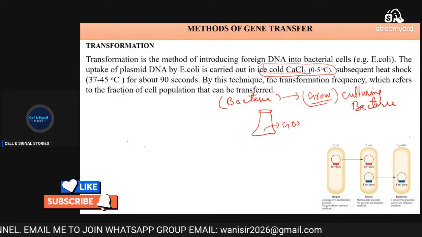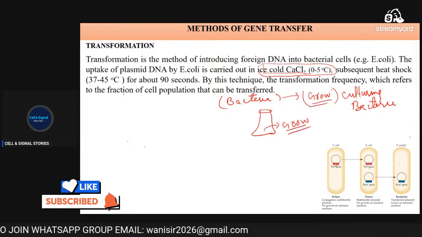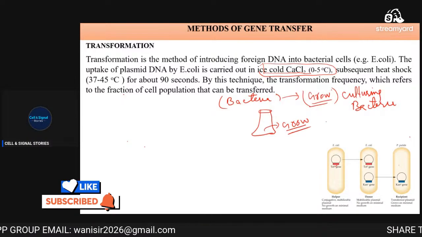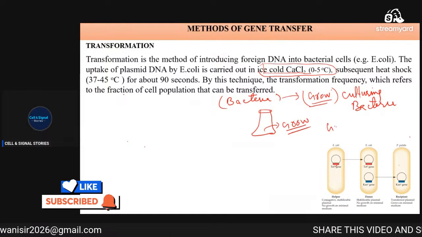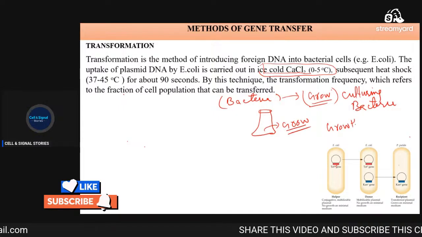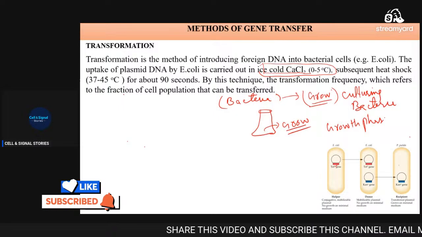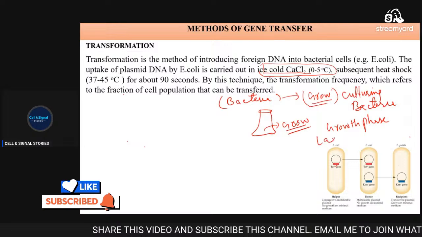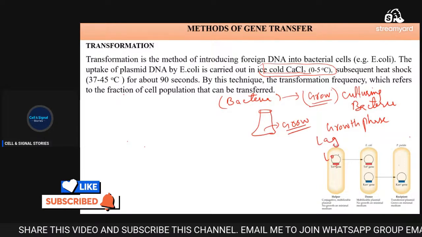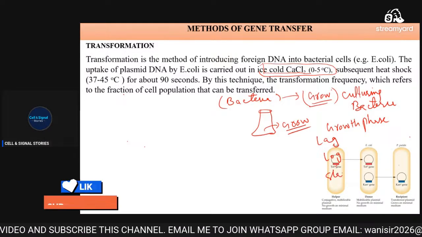How do we know whether the bacteria have grown or not? The bacteria have growth phases. One is called the lag phase, another is called the log phase, and the third is the stationary phase.